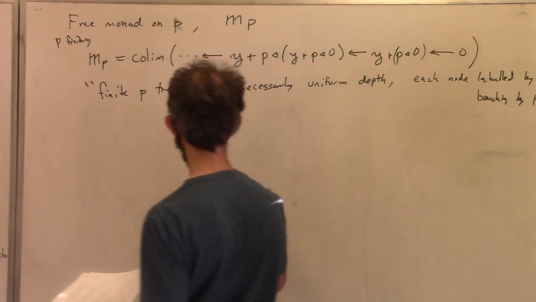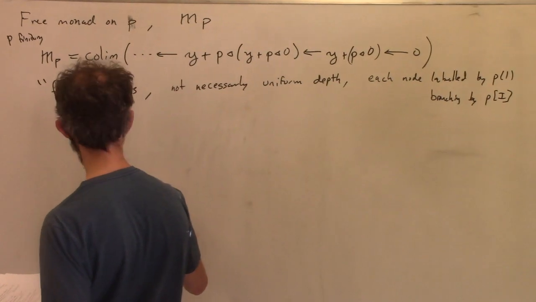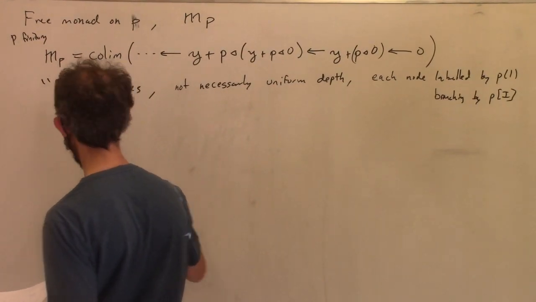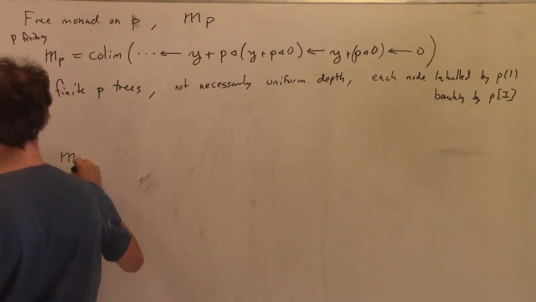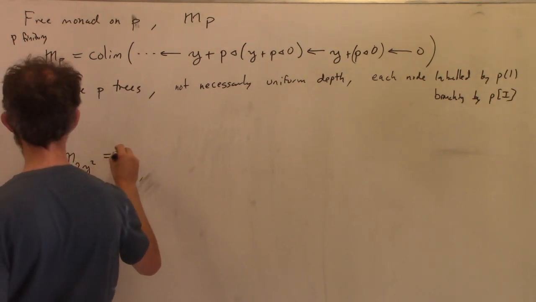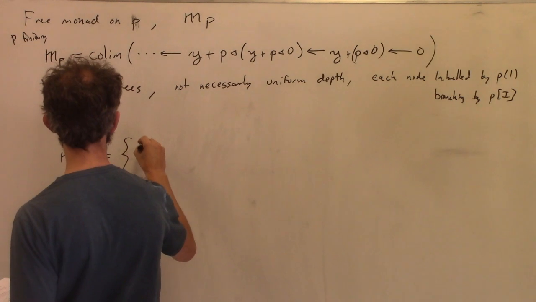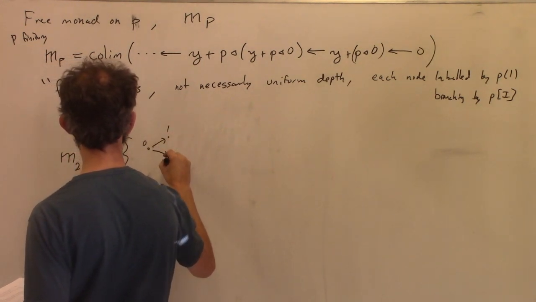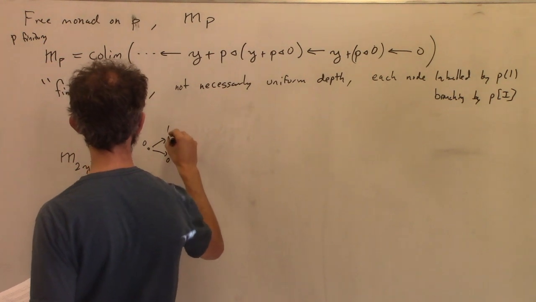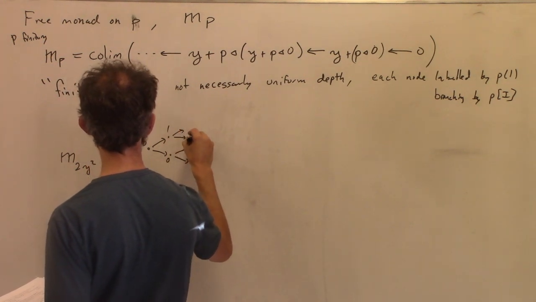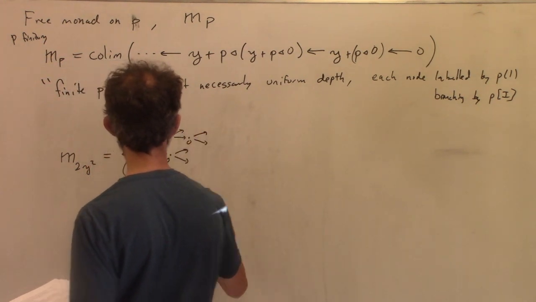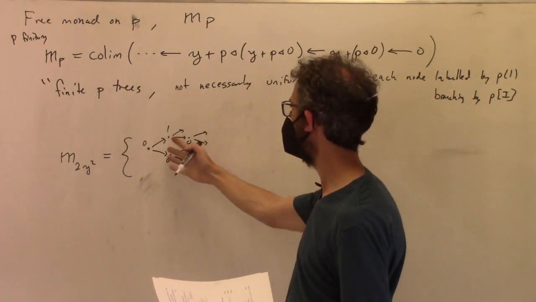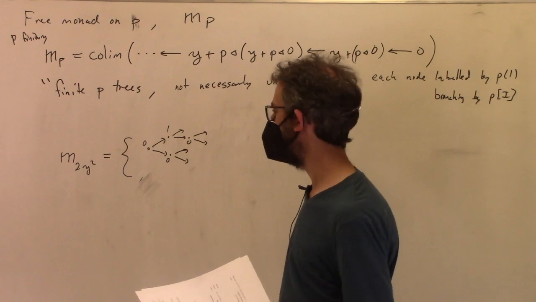Okay, so these are things that look like this. Let me just do M sub 2y squared. It'll be things like 0, and then 1, and then 0, branching, but I'm allowed to stop anytime I want. So that'll be in there. They're not necessarily of uniform depth, but that's an element in there.